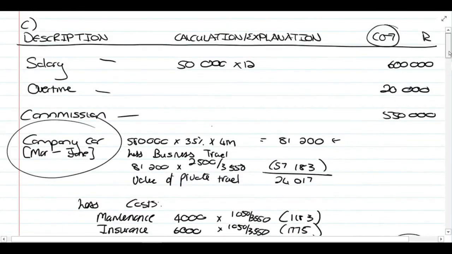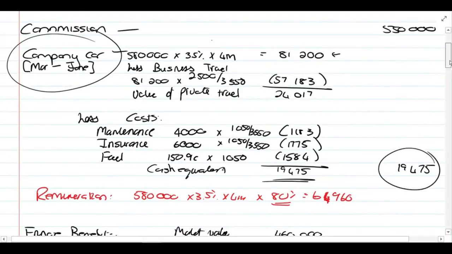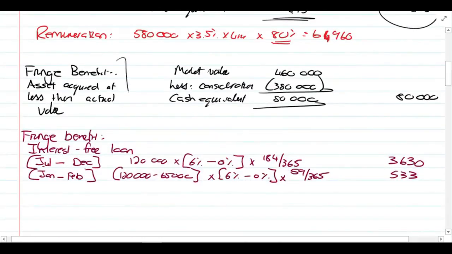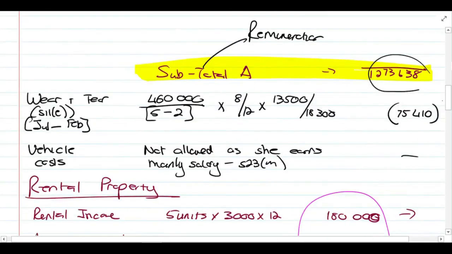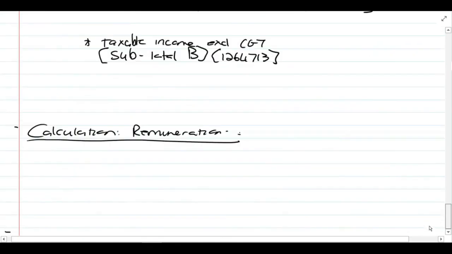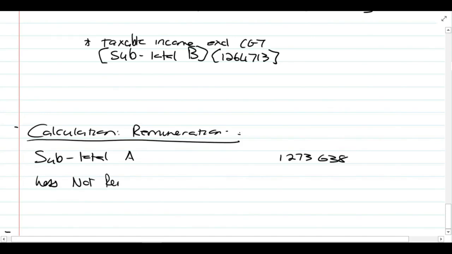Salary, overtime, commission, all of these things. The company car, it includes the fringe benefits. All of those amounts are included in that 1,273,638. So that's our starting point. We're going to now fix it up to get all of the amounts in or out which shouldn't be there. So let's start with deducting the amounts which are not remuneration, which are included in there. And what amount is not remuneration?